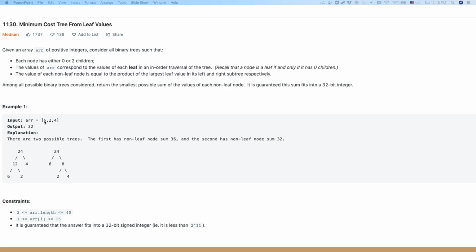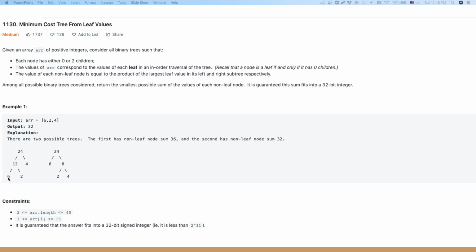So we want 6 and 2 to become a family tree. So 6 will pick the largest value from all its subtree. But this is a really bad example because 6 does not have a subtree. It only has itself. That's why the parent for 6 and 2 will become 12, because we only have 6 right here and 2 right here.